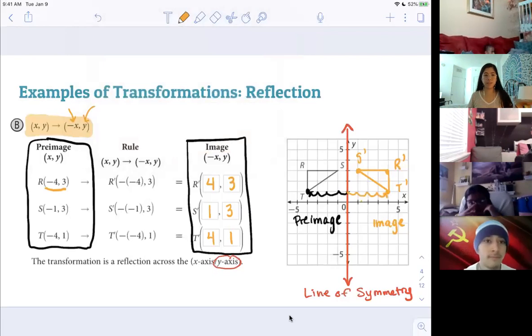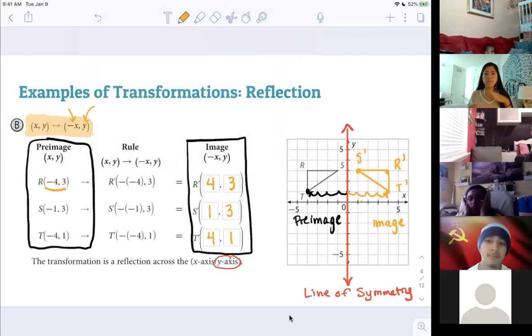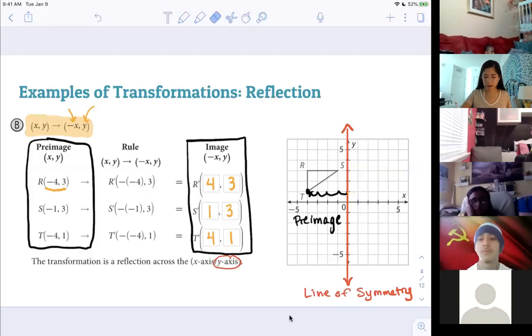So everything that you see on the left happens on the right of that line of symmetry. So if you didn't know the rule, but all I said was reflected over the y-axis, all you would have to do is count how far you are to the left and then reflect that on the right. If I'm 4 units to the left, this is going to be 4 units to the right.